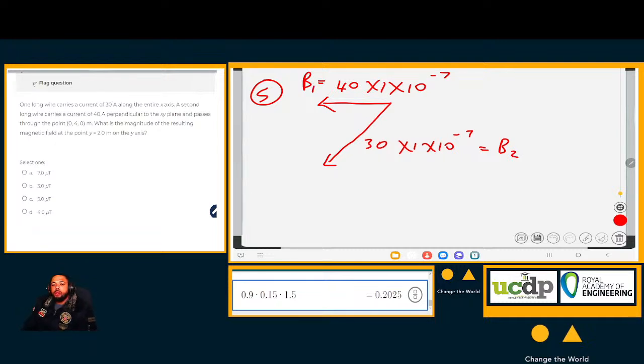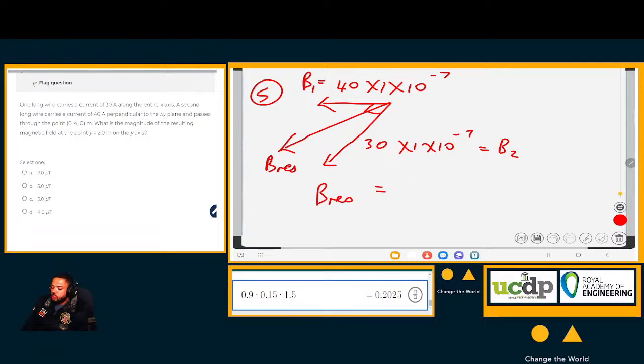Now I'm only showing you the long way because I want to show you the shortcut. In order to get the net or resultant magnetic field B res, we need to use Pythagoras' theorem. We could have just started with this part. This is the crux of the matter.